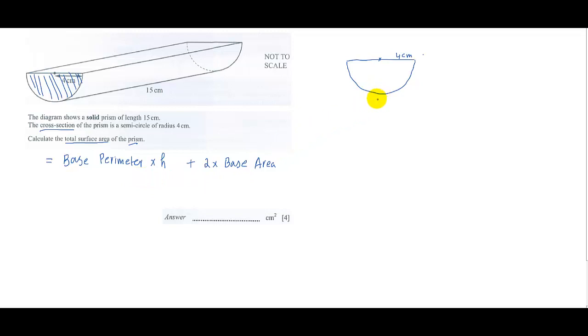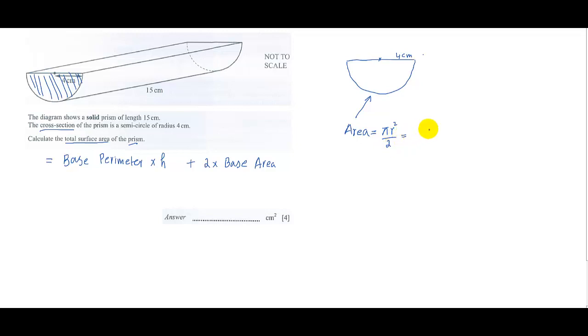To find the area of this base, which is a semicircle, you know that the area of a full circle is pi r square, and for the semicircle we divide it by 2.